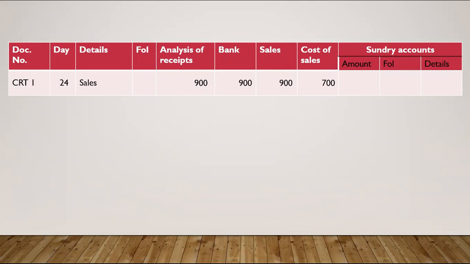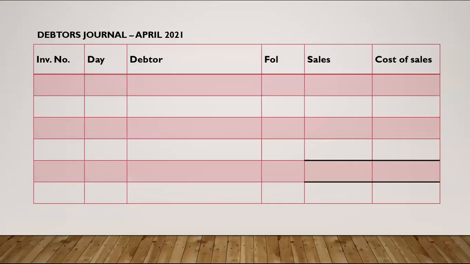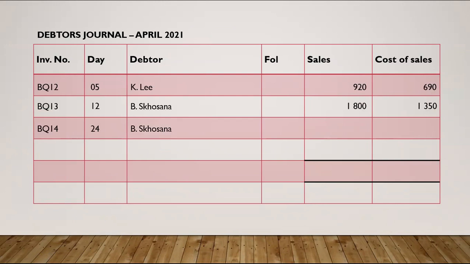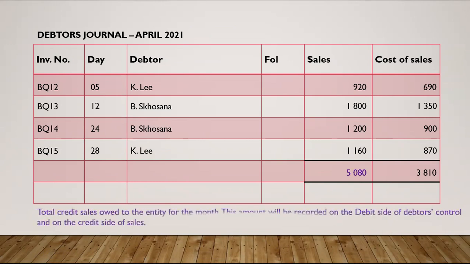Okay, what do we do with these totals? Guys, I already told you what to do with those totals. If you checked out the previous video, I specified what you need to do with them. The total under sales, that 5,080, you are going to record on the debit side of debtors control and the credit side of sales.